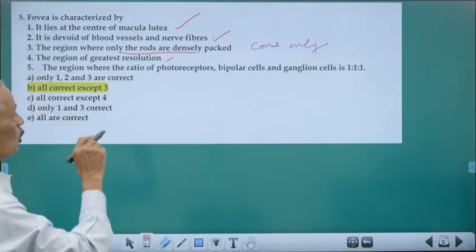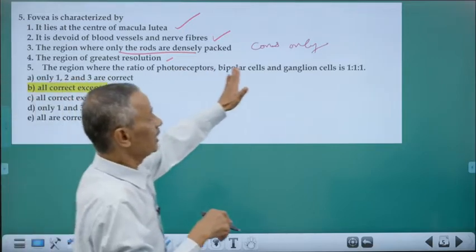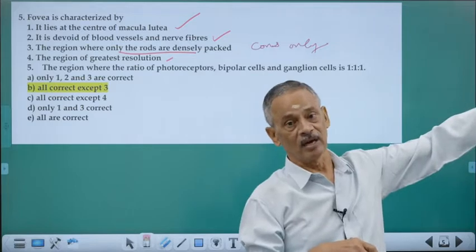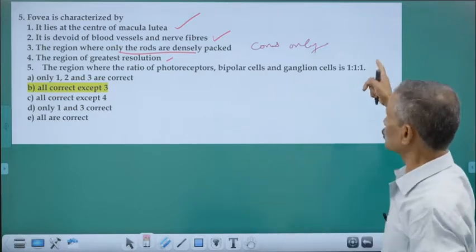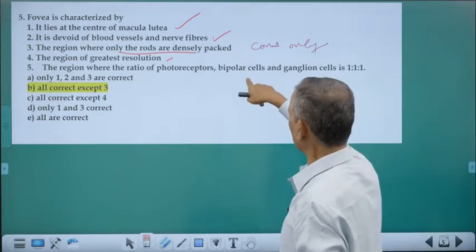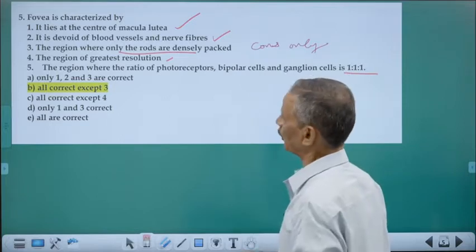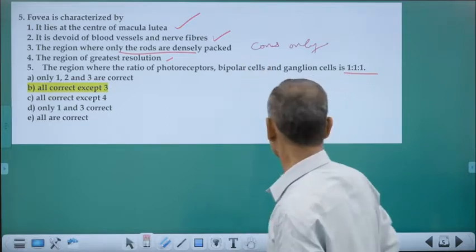The ratio of photoreceptor, bipolar, and ganglion cells: these are the three layers of cells forming the retina, and the outermost photoreceptor, middle bipolar, and ganglion cells are in the ratio 1:1:1. So only 3 is the incorrect one.